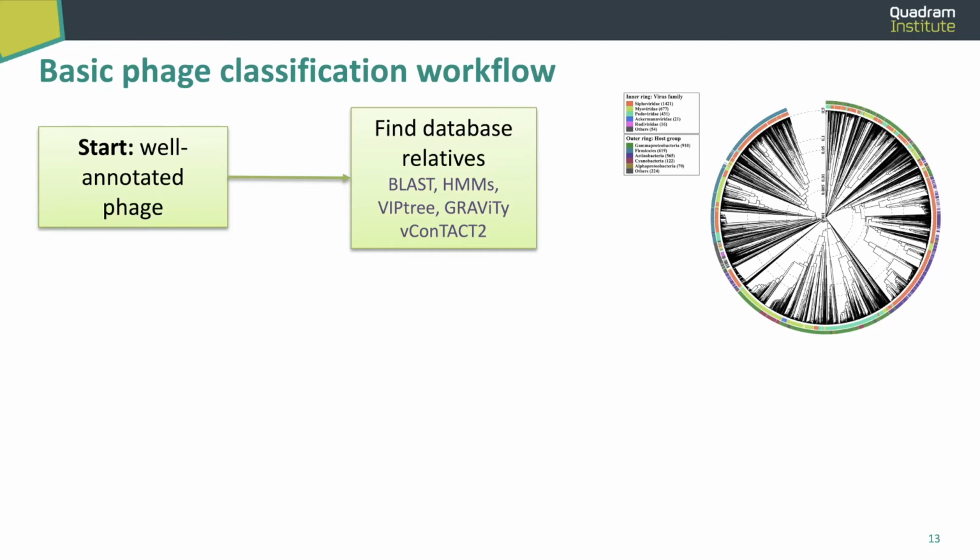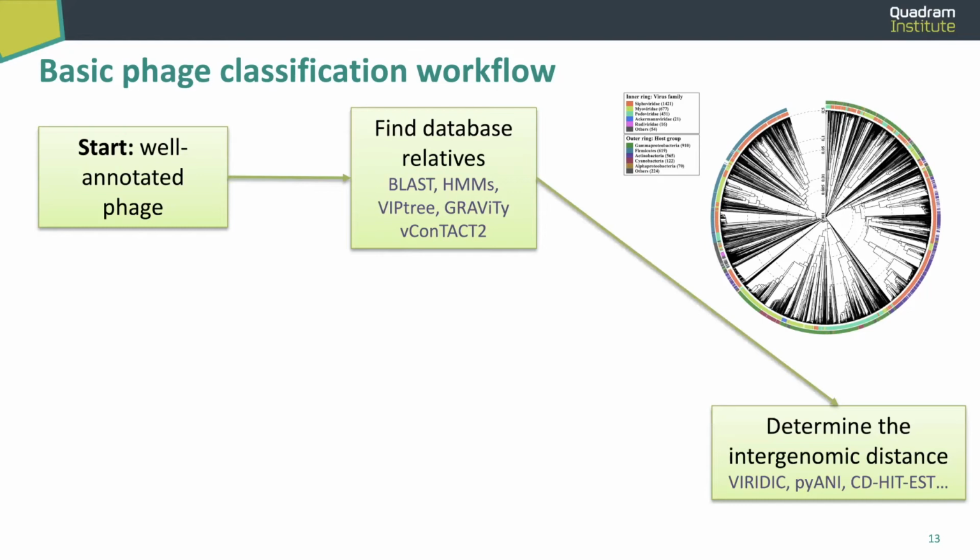One of the other things that we'll show today is how to use VipTree, which is based on the phage proteomic tree underlying algorithm. But there are other methods to find database relatives, depending on how similar your phage is to phages in the database.